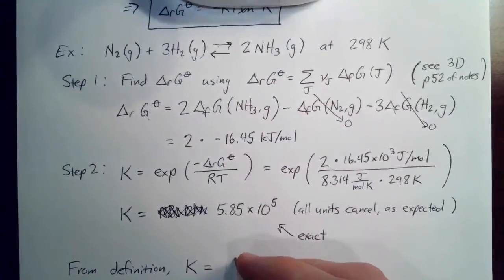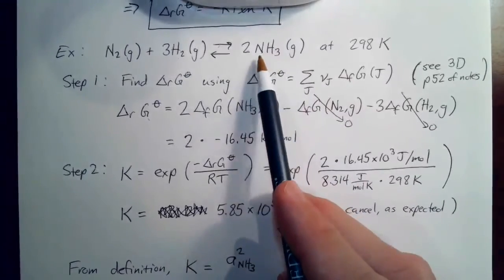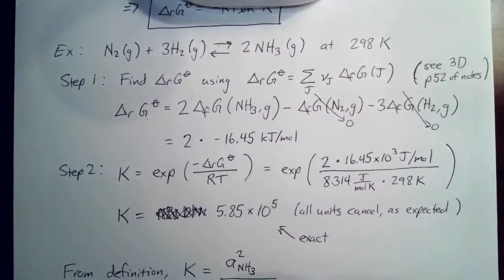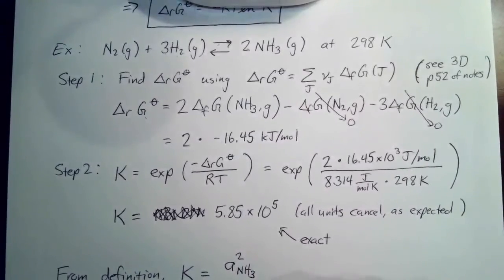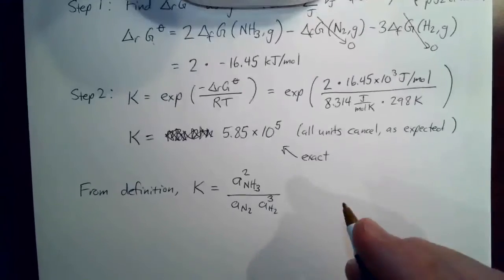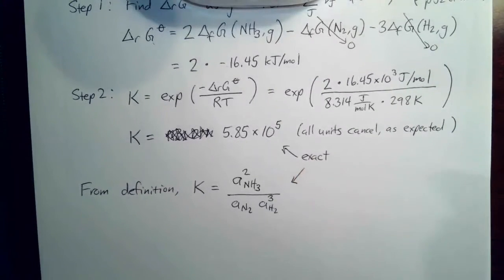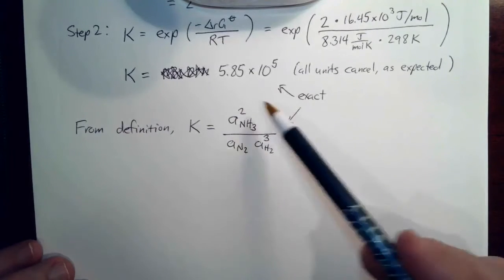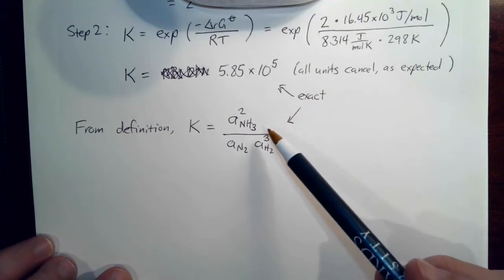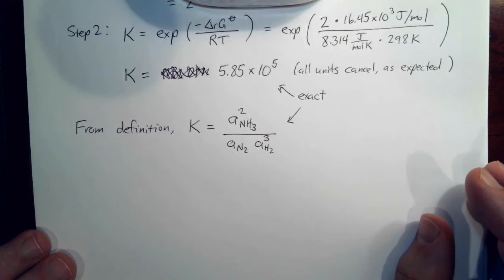So the activity of ammonia squared over the activity of N2 times the activity of H2 cubed. And this is also an exact value for K, or an exact way to compute K. Now, as I mentioned, we may not always know the activities, so it can be useful to use approximate values for these activities in terms of quantities that we might know. So let's try that as well.